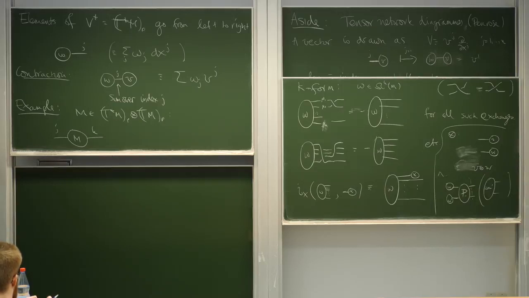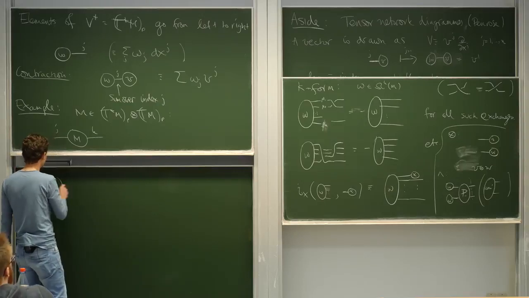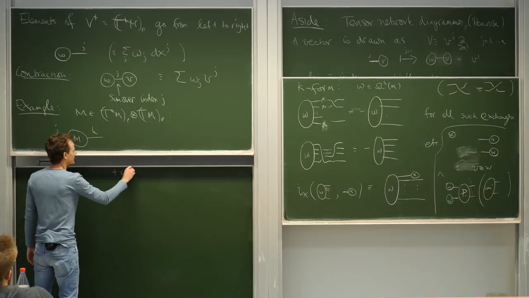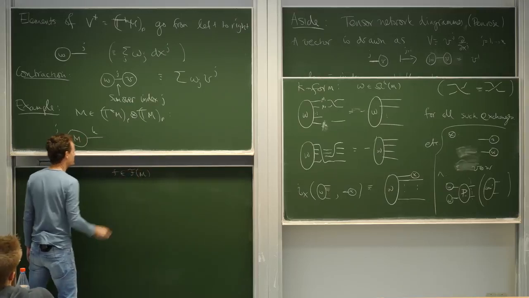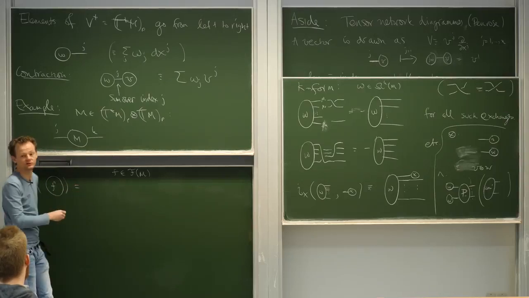Yeah, I guess we could just do the exterior derivative to see what that looks like in diagrams. If you have just a blob with no legs, that's a function on the manifold. Then the exterior derivative is an operation on diagrams that produces new diagrams.